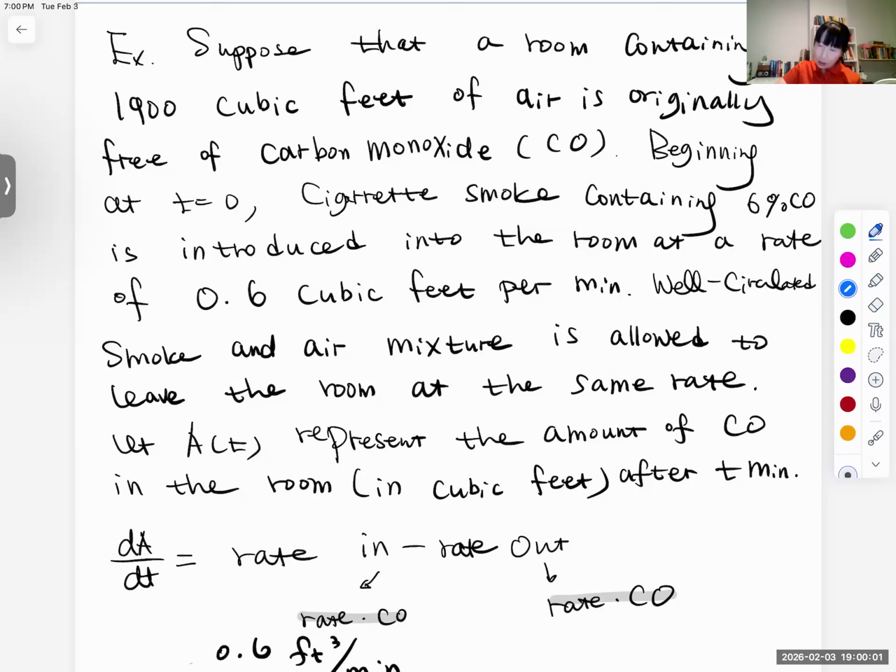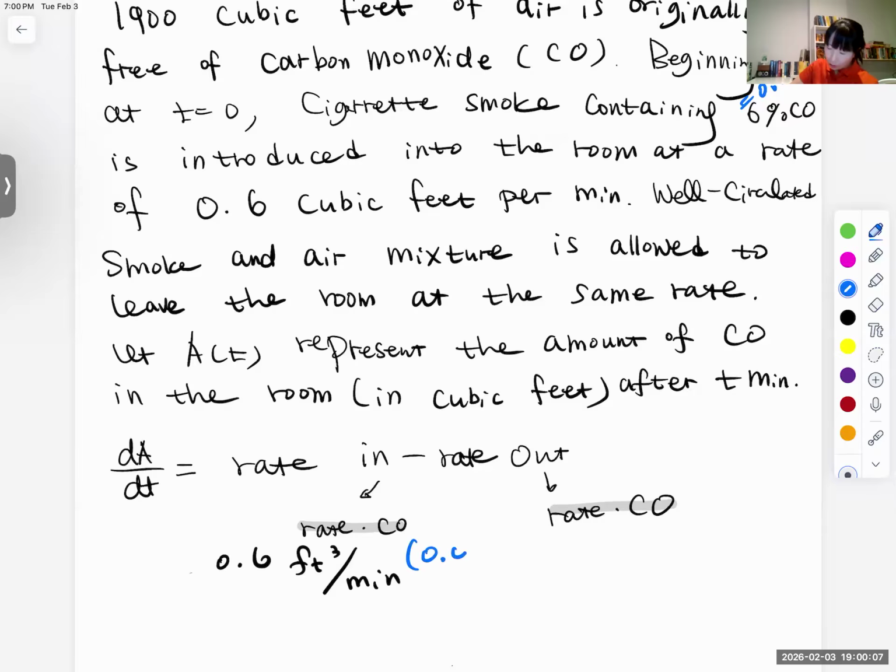So that will be 0.6 times 0.06. Okay. Same concept.